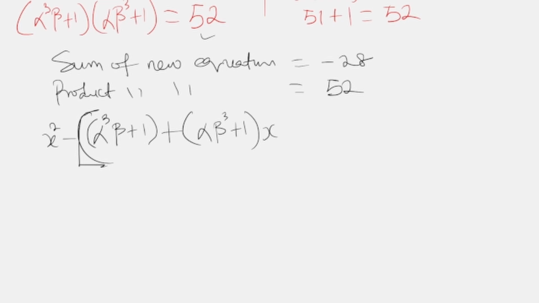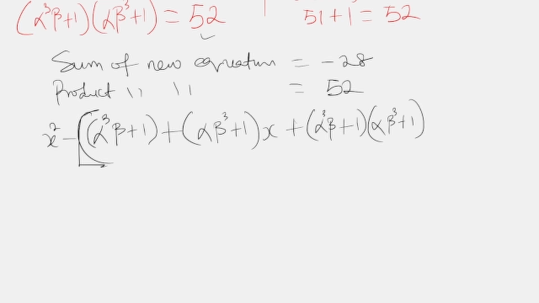Now, for the product, we say plus alpha cubed beta plus 1, and then we multiply it with the next one, which is alpha beta cubed plus 1.